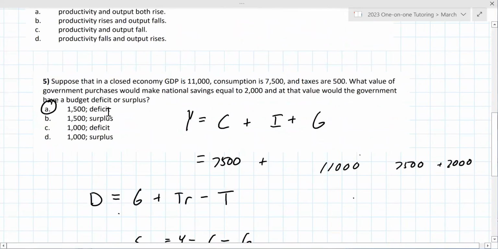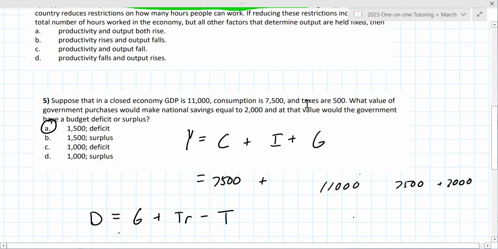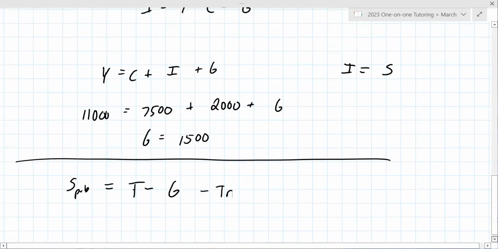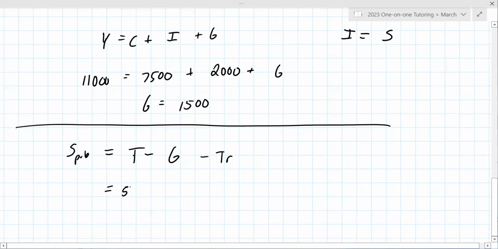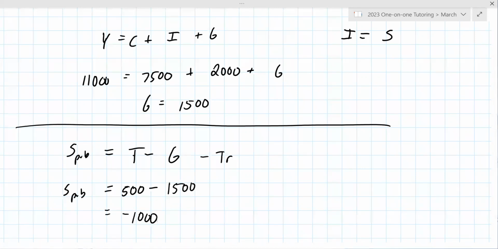Because we know that public savings is the tax revenue less the government spending, less transfers. So if you believe what we just said, that G is 1500, then it would be minus 1000. Yeah. Which is not consistent with the answer.